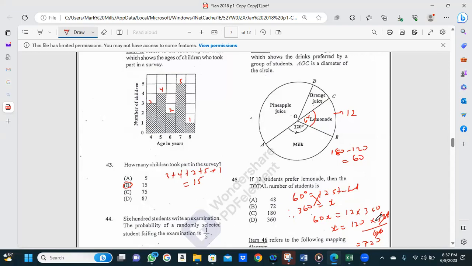So here we are going to get 12 times 360 over 60. The 0 cancels this 0. 6 goes 1 time, 6 goes into this 6 times. 6 times 12 will give you 72. Right? So 72 here. So that's what it would have been, B.